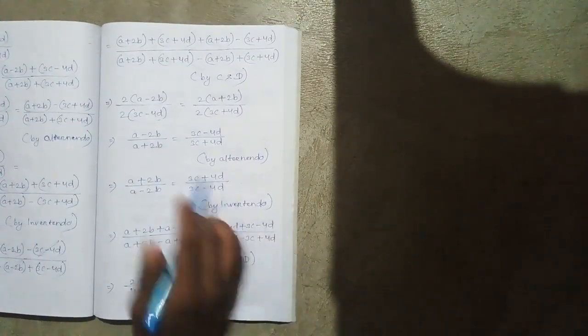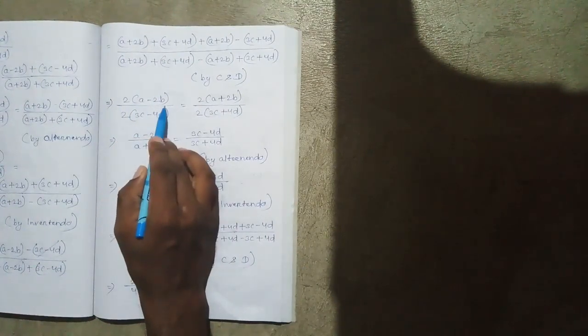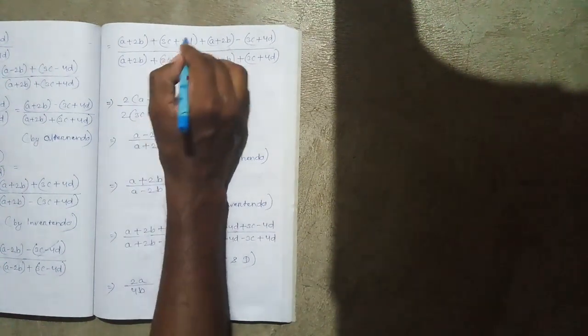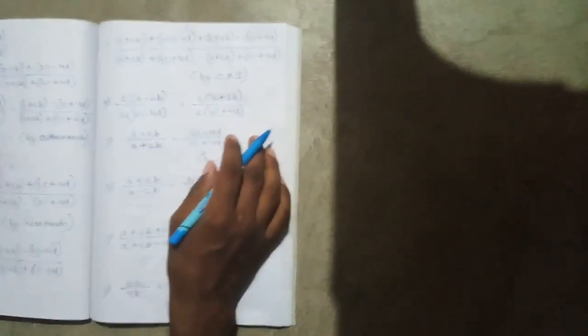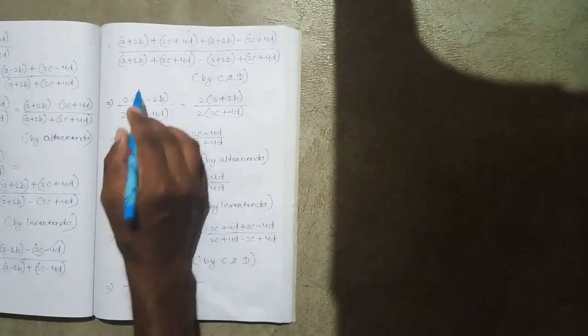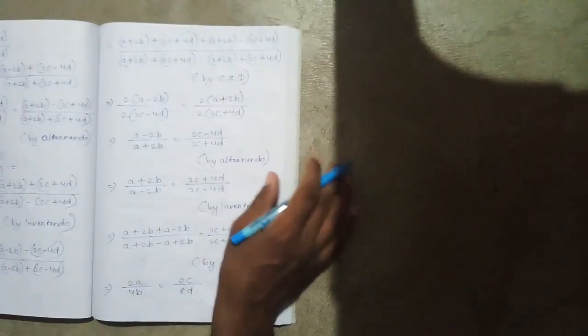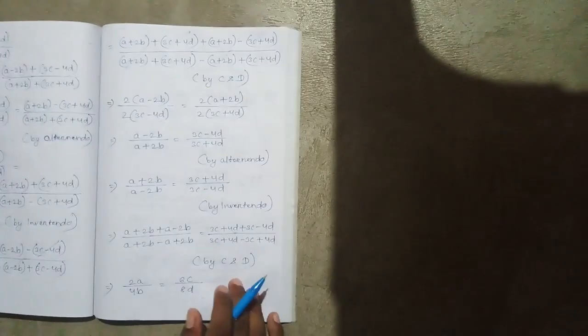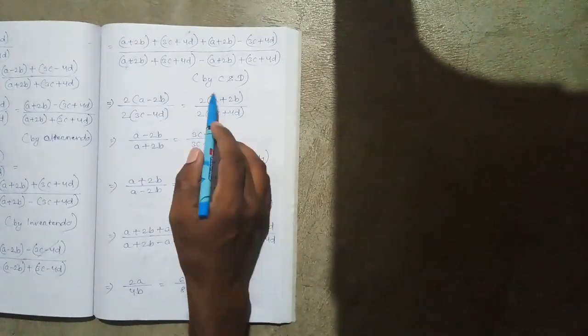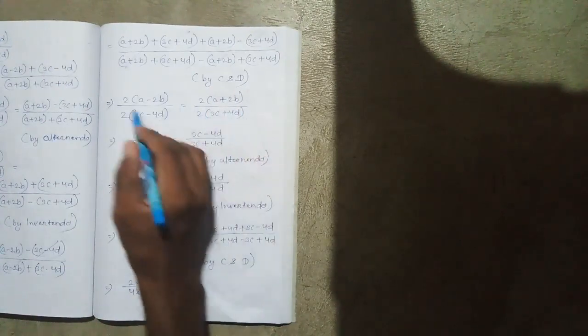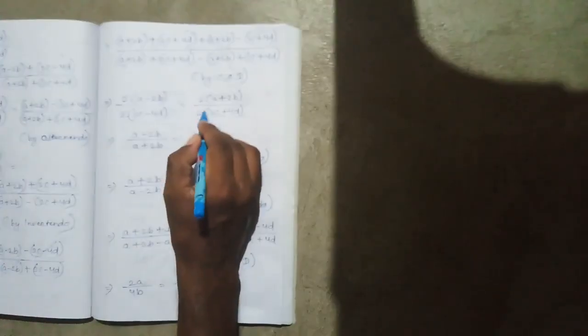Okay, you can see here 2 whole a minus 2b by 2 whole 3c minus 4d is equal to, again here 3c plus 4d cancel, in the denominator a plus 2b cancel. Okay, so we get 2 whole a plus 2b by 2 whole 3c plus 4d, 2 cancel.